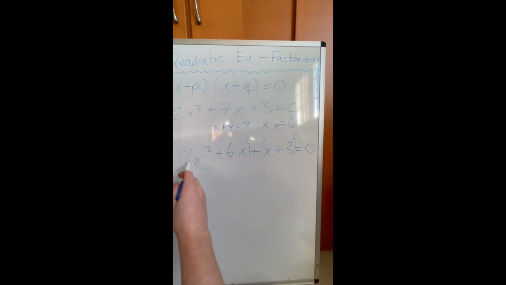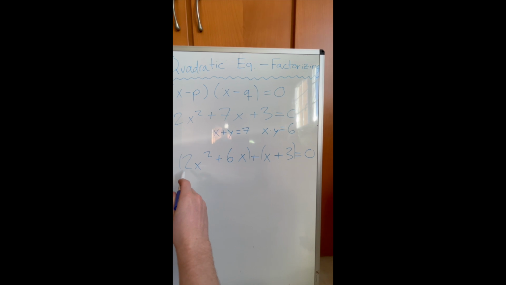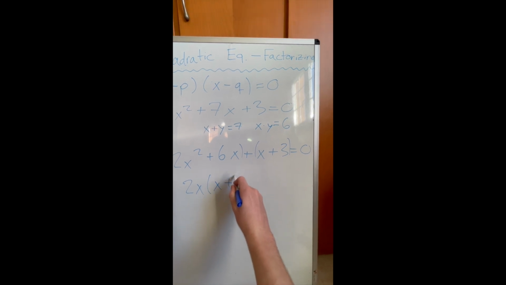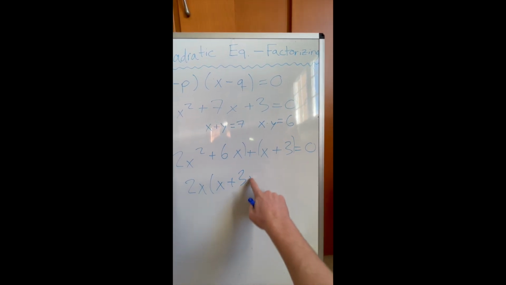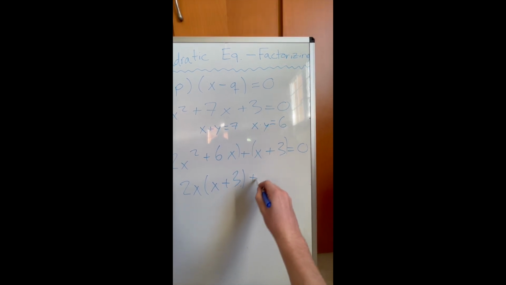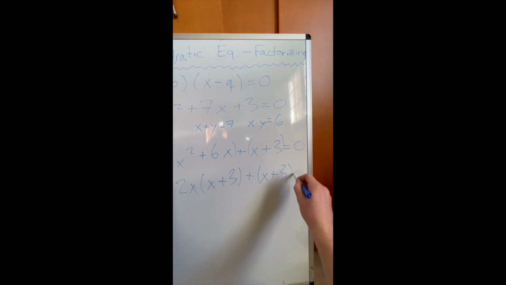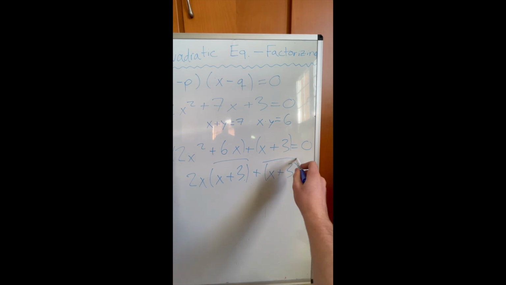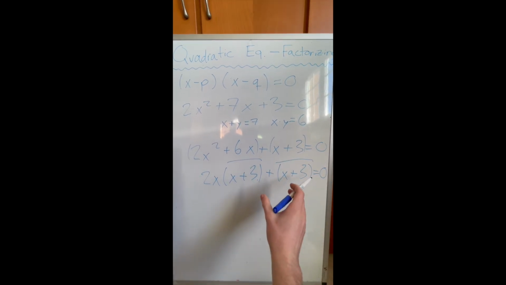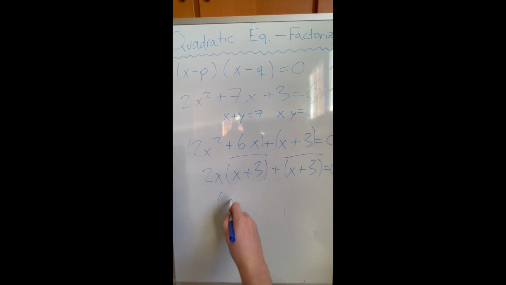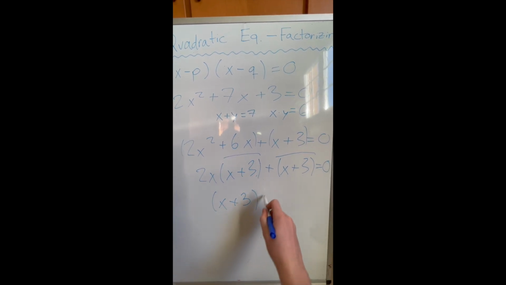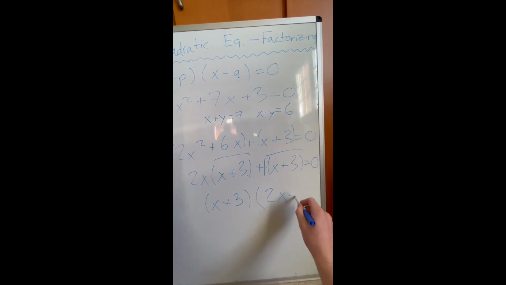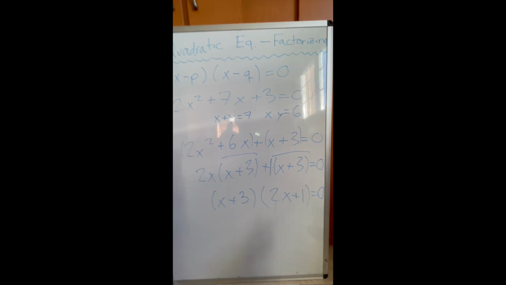And now, here we can take out a 2x value and say that 2x times x plus 3, plus x plus 3 is equal to 0. Now we see that this and this is the same. So we can factorize these by saying that x plus 3 times not only 2x, but 2x plus 1, is equal to 0.